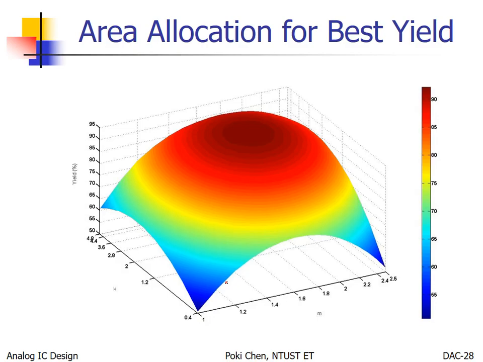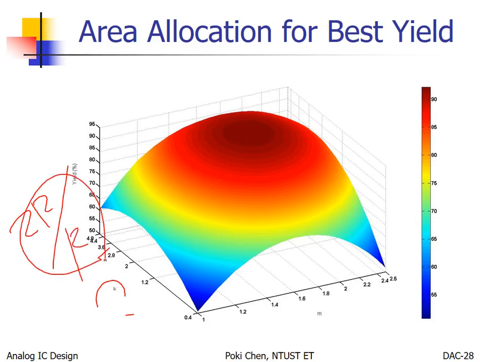Okay, and there's some parameter K, which means the area ratio between 2R and 1R. In practice, I still think 2 will be good enough.